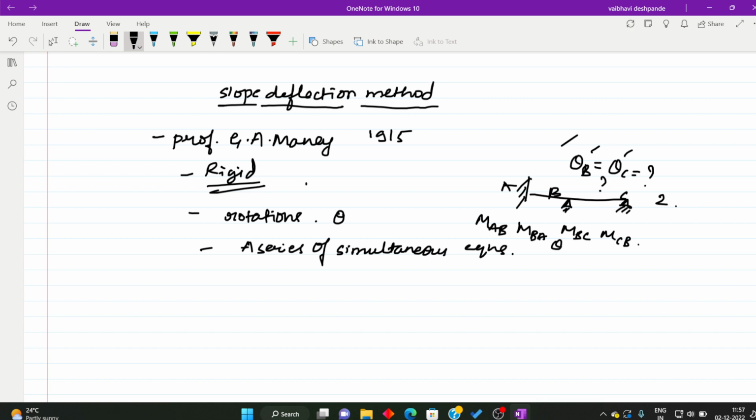So before we go into problems, important is knowing about the sign conventions. Sign conventions are very important.